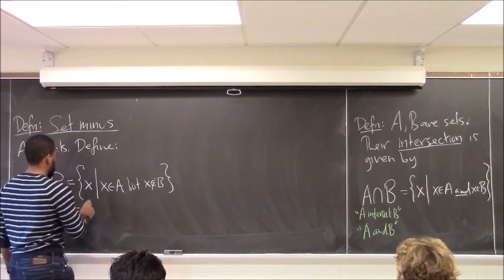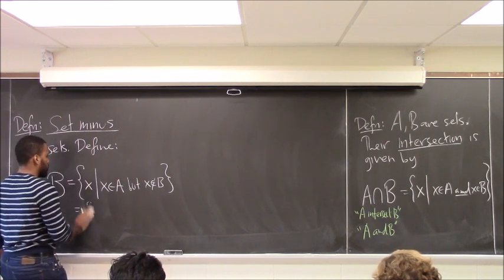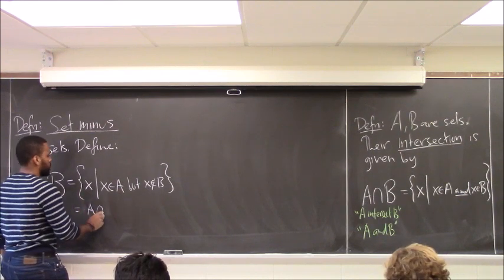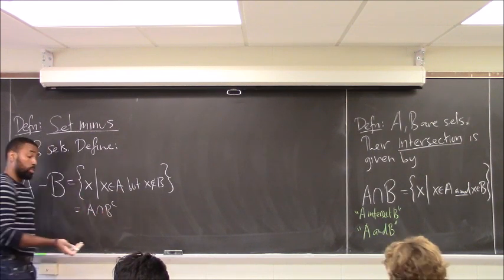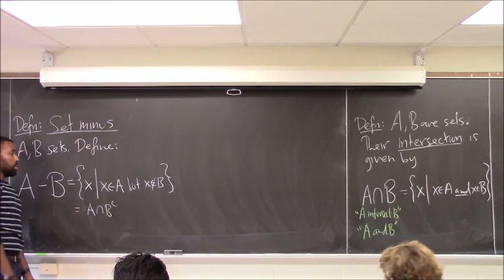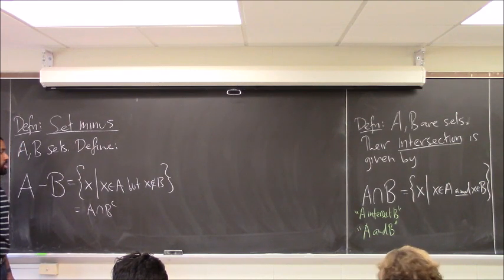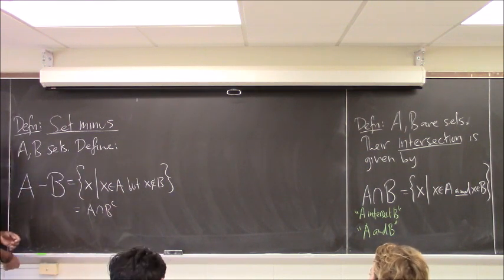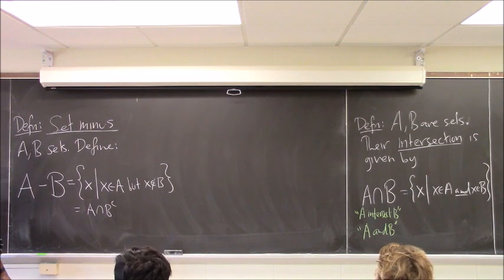You can also look at it as being equal to the set of A intersect B complement. That's one way you can look at it. Combine the things that are in A but are not in B. Pretty much how you can think of this, start out with a set A and then throw away all the elements in A that are also in the set B. You'll create another set that we call this guy.